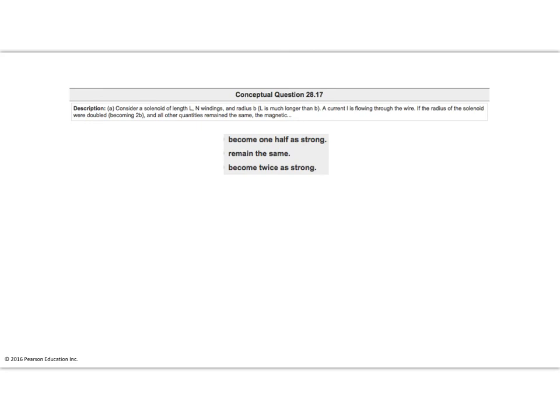And then finally, this one is what happens if you have a solenoid of a length L, it has N windings, and a radius of B. What's going to happen if you double the radius?